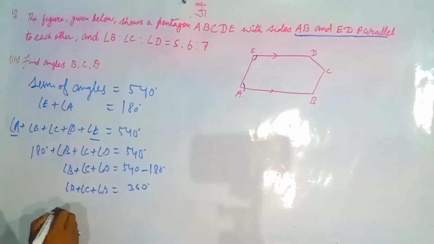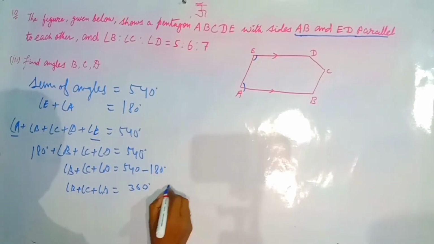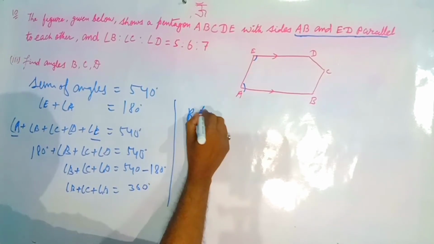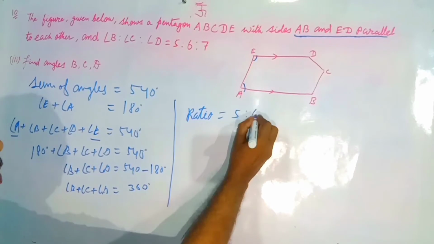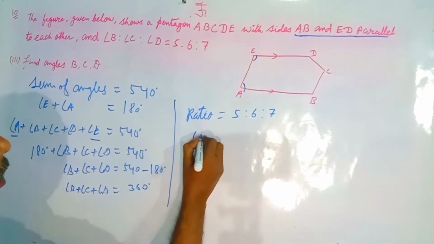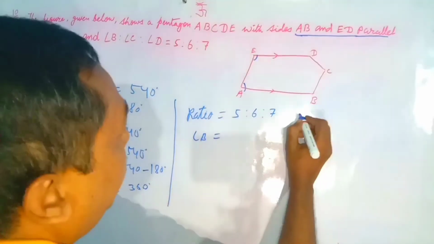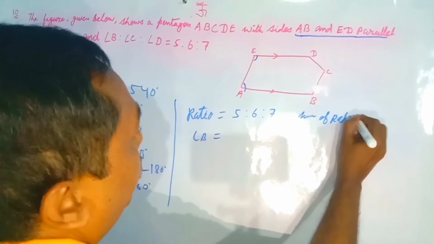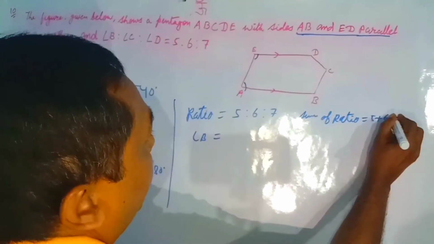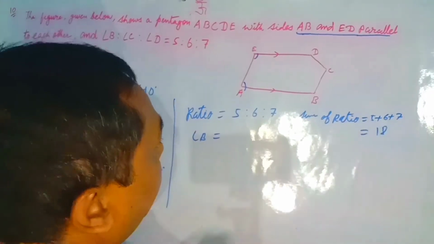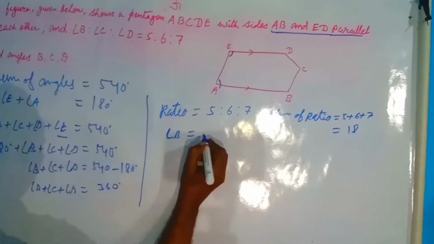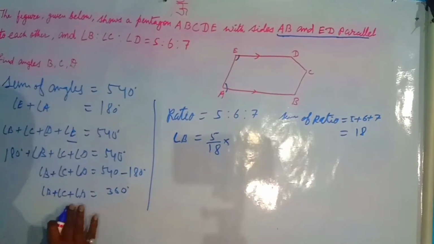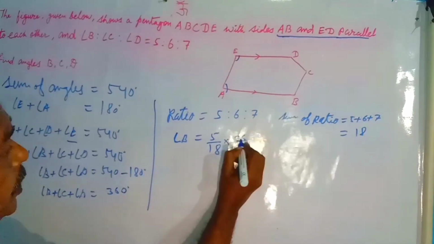Now first we will write the ratio. The ratio given is 5:6:7. Then angle B equals, first we will find the sum of the ratio, that means 5 plus 6 plus 7, that will be 18. Now angle B equals 5 by the sum of ratio 18, into BCD, which is 360 degrees.